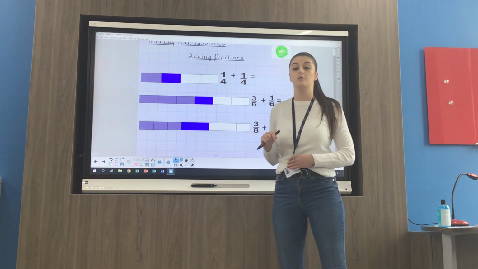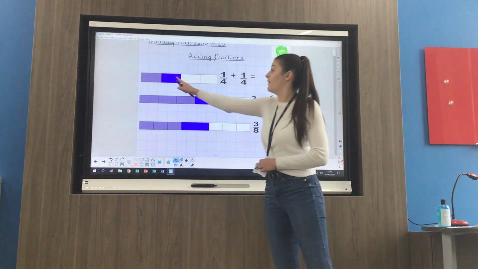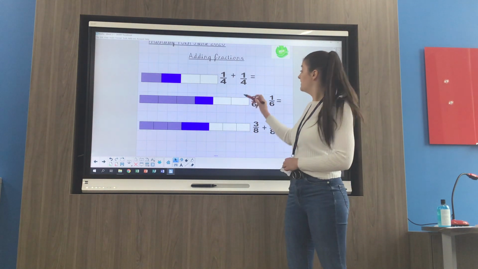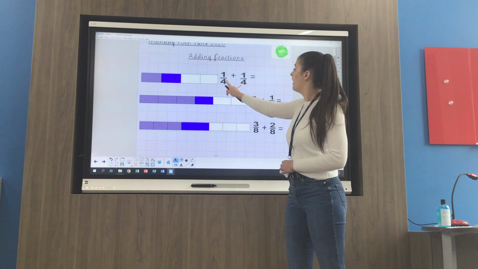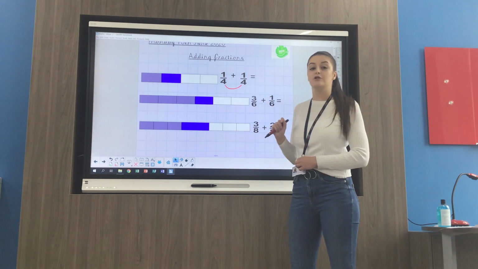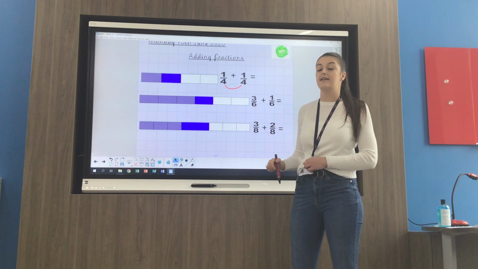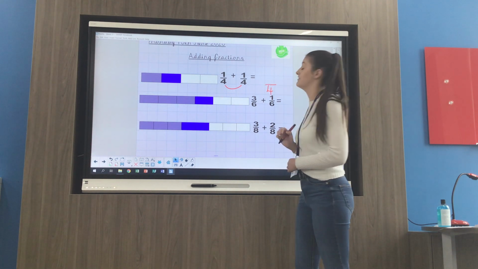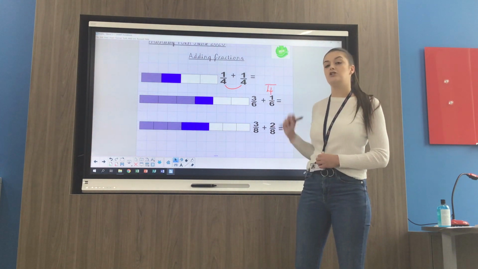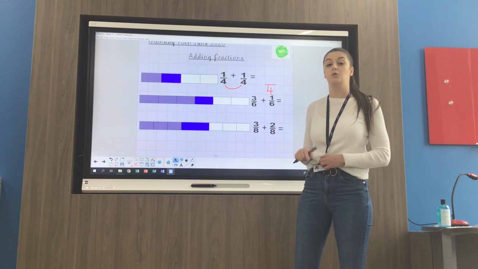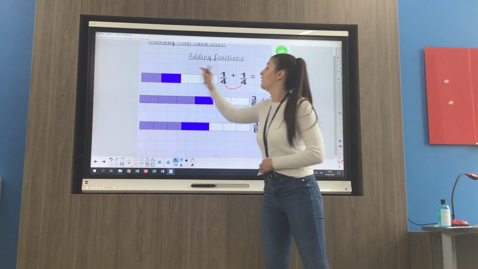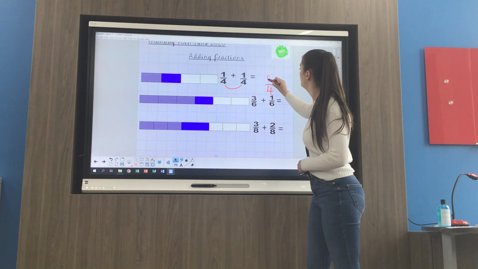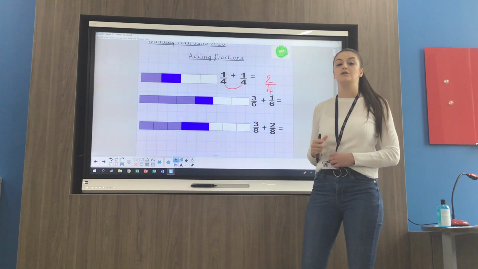So all I need to do is count the shaded squares to help me work out the answer. Now remember, if the denominators are the same, so I've got out of 4 at the bottom, quarters, it remains the same. So I know my denominator must be 4 for this answer. So let's count the shaded parts to work out how many quarters we have now. I've got 1/4, 2 quarters. So my numerator must be 2.